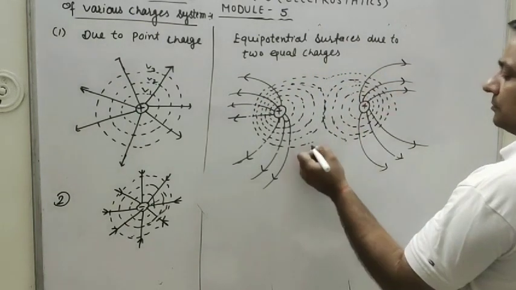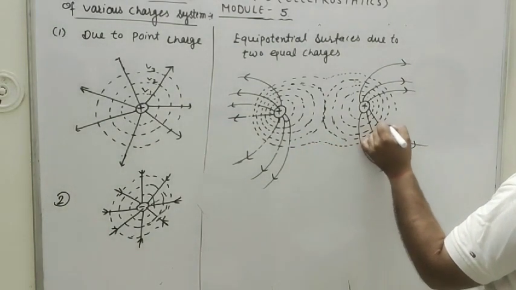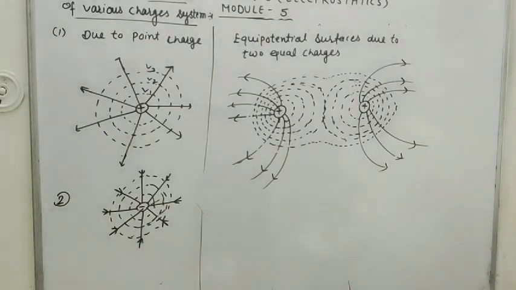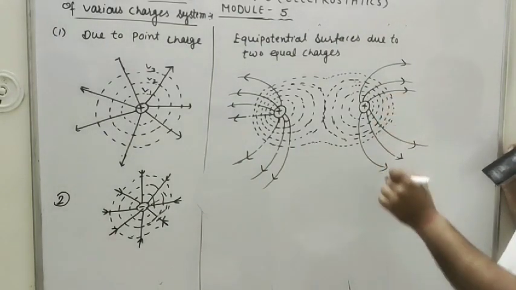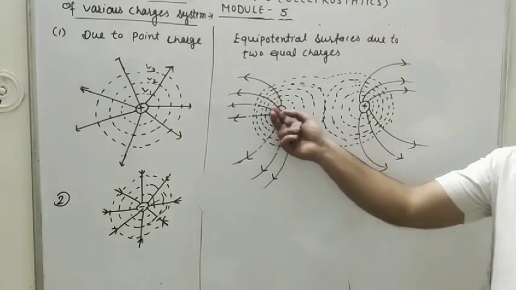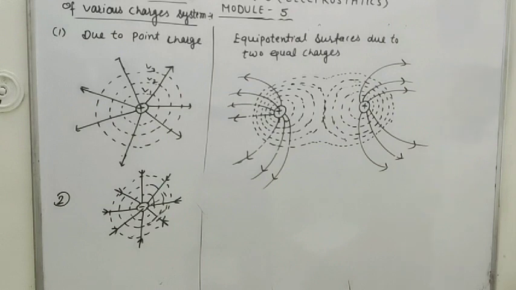Strong region. This is the strong region. So these are the equipotential surfaces. If the charges were negative, definitely the sign of the arrows would change. So these are the diagrams of equipotential surfaces of two equal charges, right?